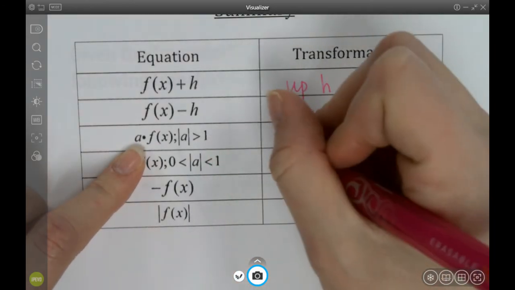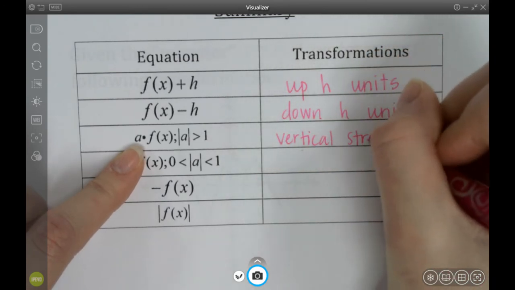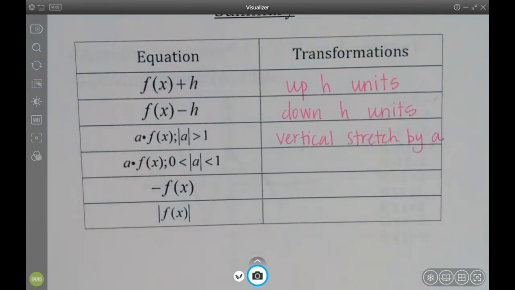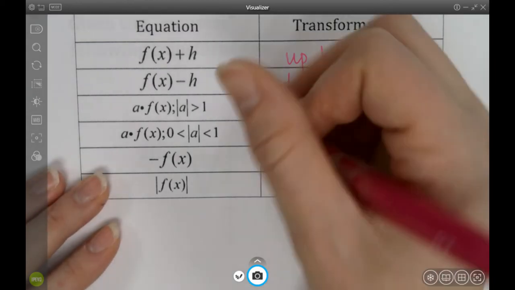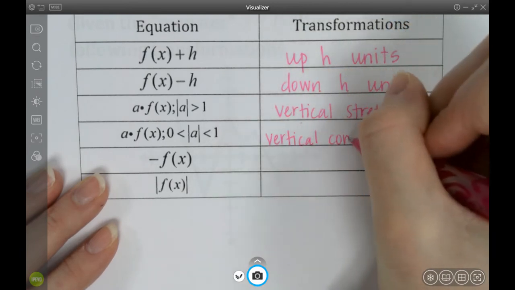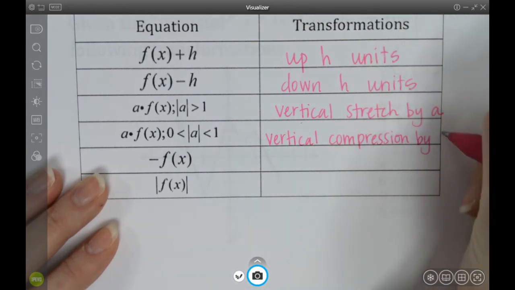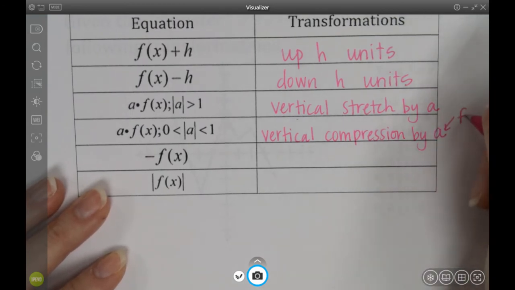Vertical stretch. So vertical stretch by a. Okay, what about when a is a fraction between 0 and 1? Yep, vertical compression. Remember that a is going to be a fraction.